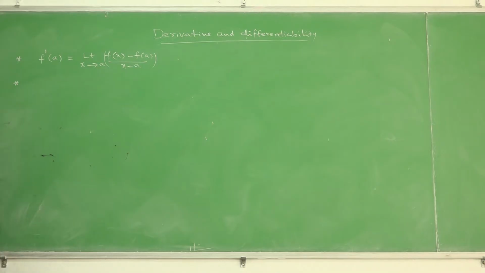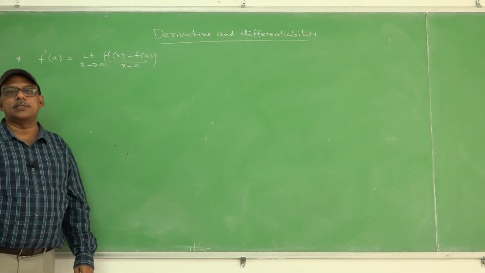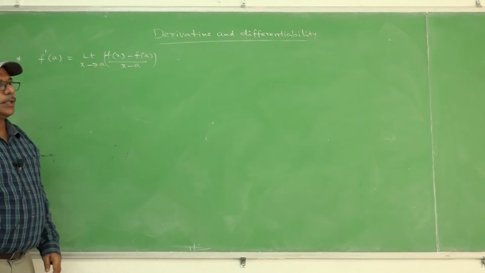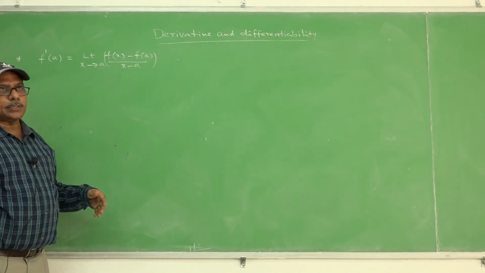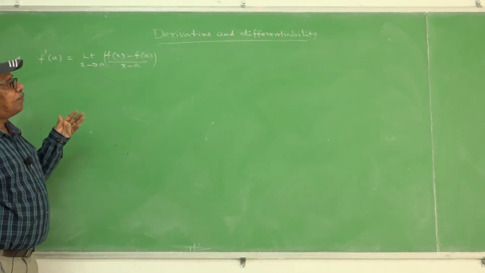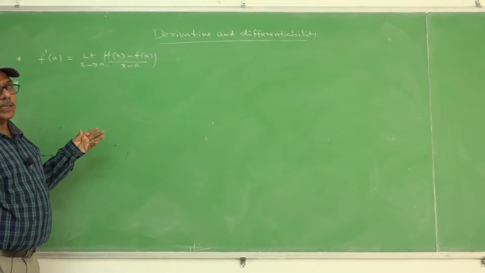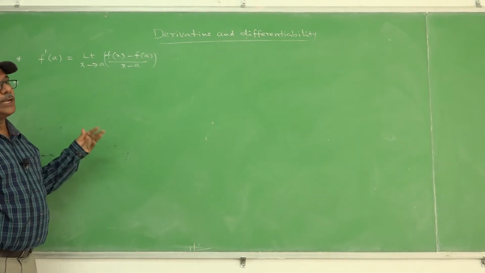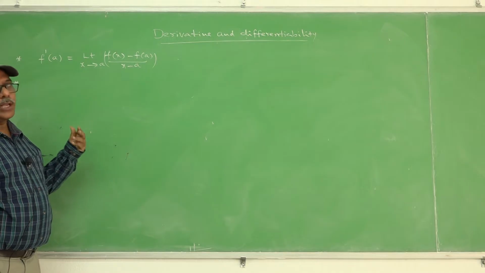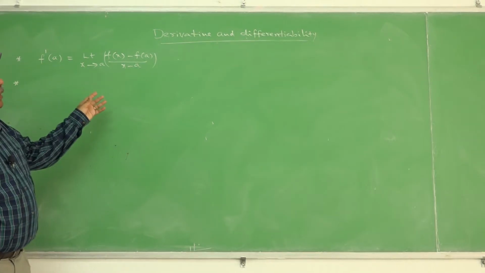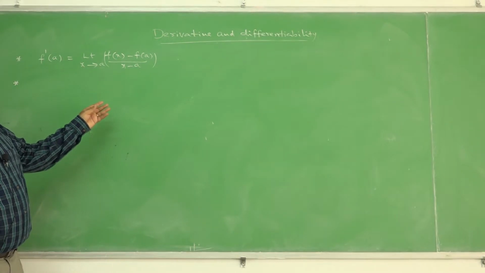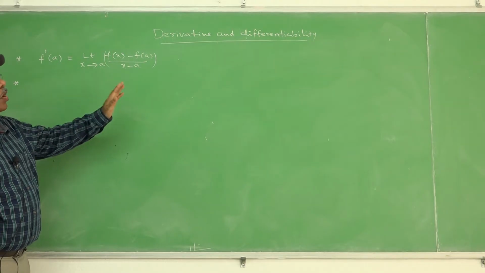Whereas differentiability is the nature of the function. That means differentiability means whether the given function has a derivative or not. Differentiability announces whether the given function has a derivative at a particular point or not.